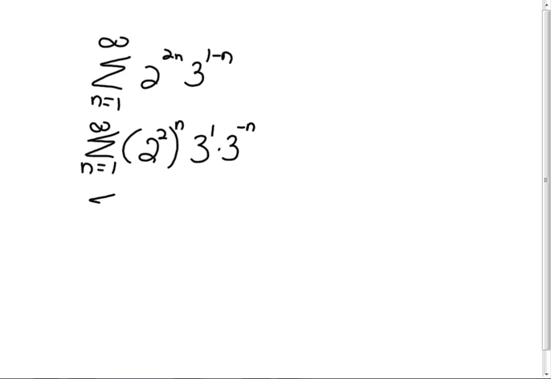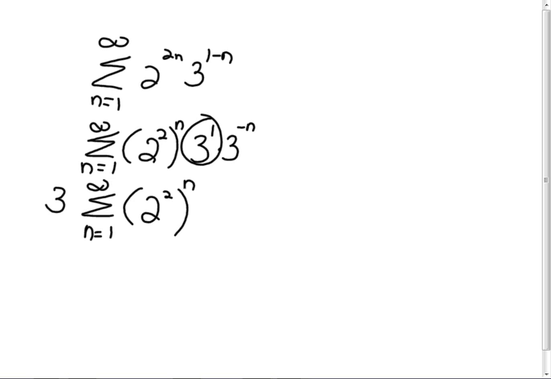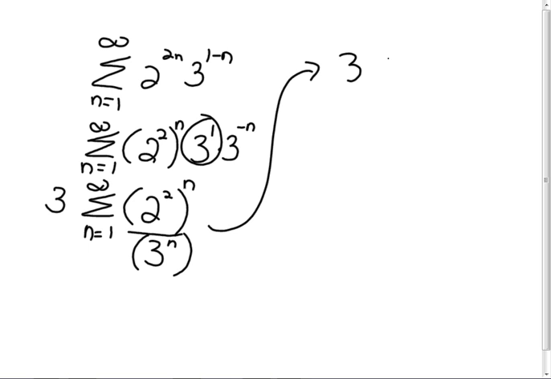So I could rewrite this, just like it's not right to write things without a limit, not right to write things without a summation sign. It's 2 squared to the nth power times 3. Let's just get that 3 out of there. Let's put it in front. And this is 3 to the n. Are you okay with that? I don't know which way is easier for you. But anyway, it's 3, summation n equals 1 to infinity.